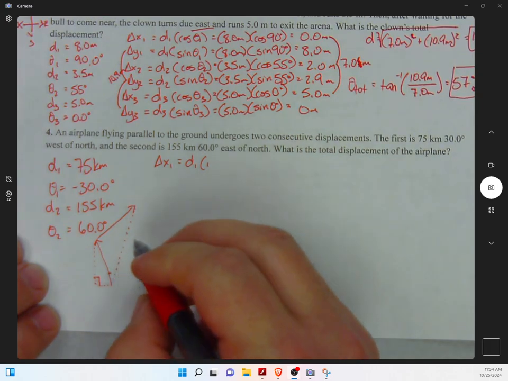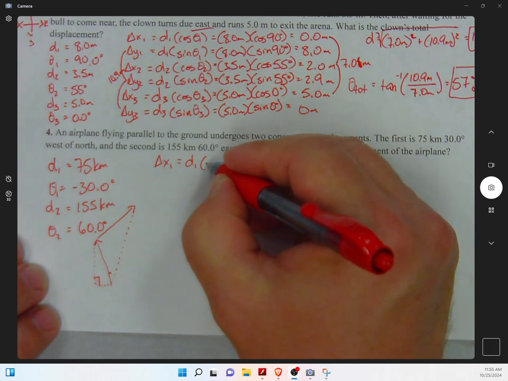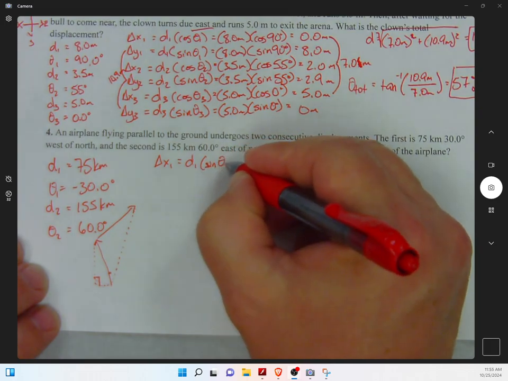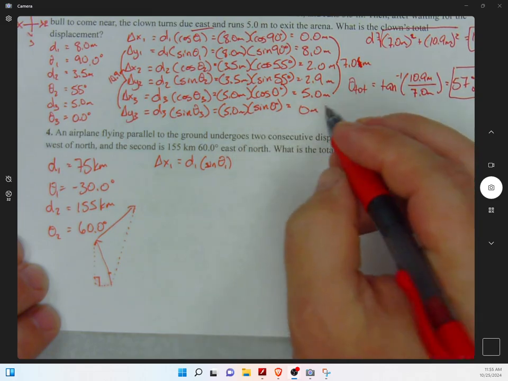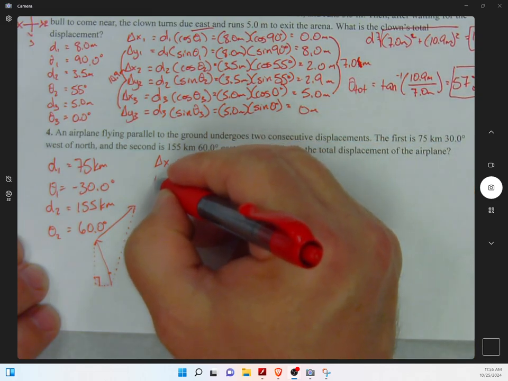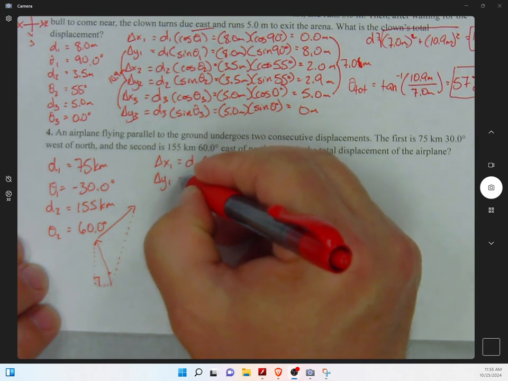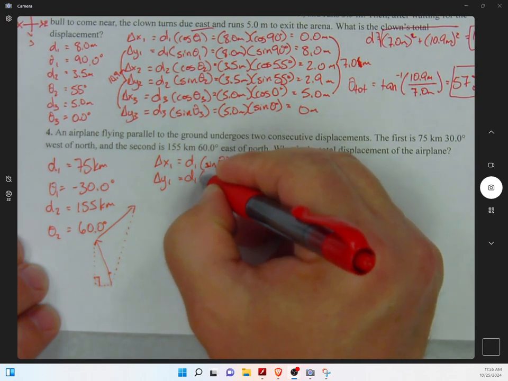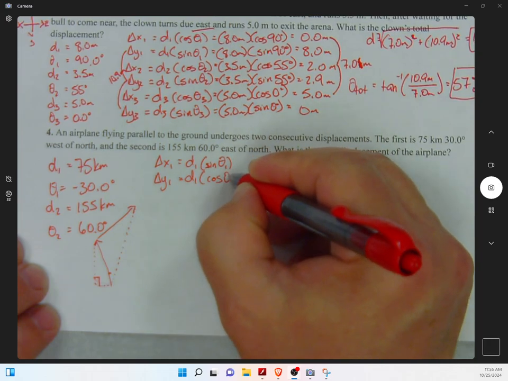We'll go sine of the first theta, and the y component to be cosine of the first theta.